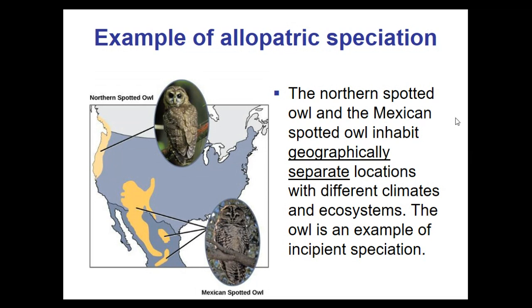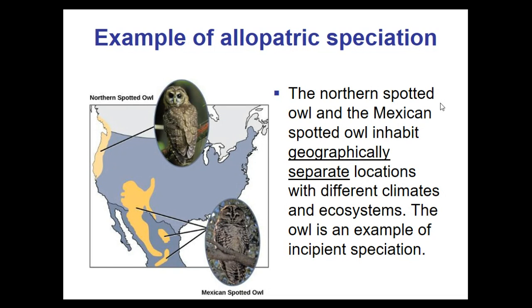These two kinds of spotted owls are believed to be an example of allopatric speciation. They live in different forests, believed to be from the same ancestor, and somehow they got separated. Well, this is a lot of desert in here.